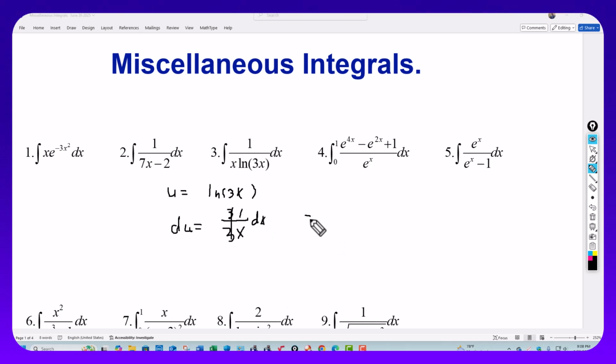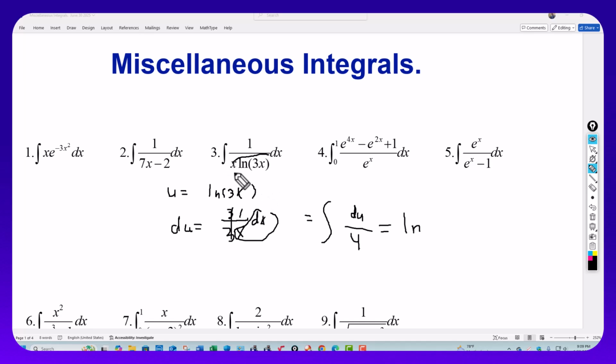So this is equal to the integral of dx over x, that's right here. That can be replaced by du. And ln of 3x, that's your u. So there we have it set up. The integral of du over u is simply equal to the natural log of the absolute value of u.